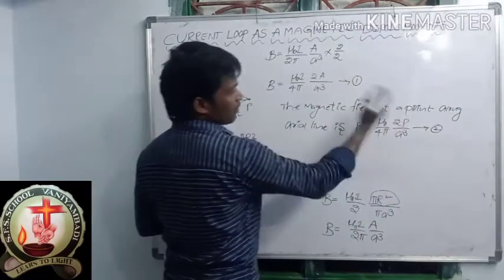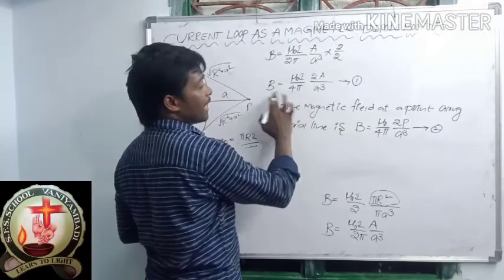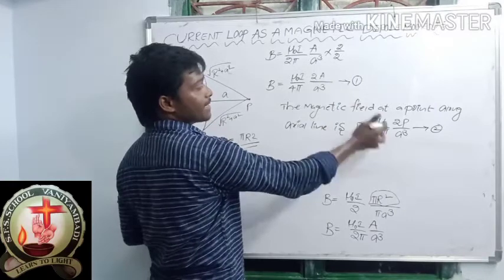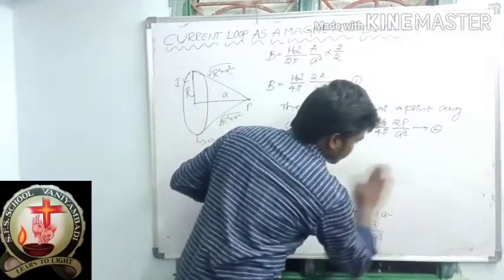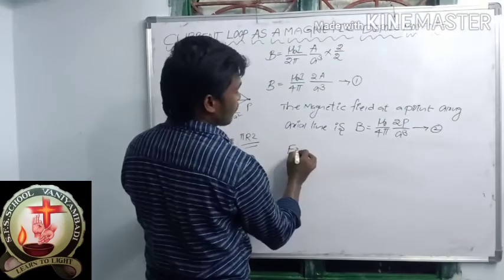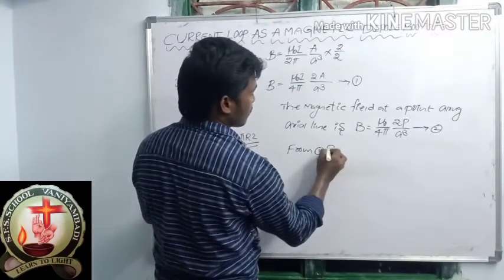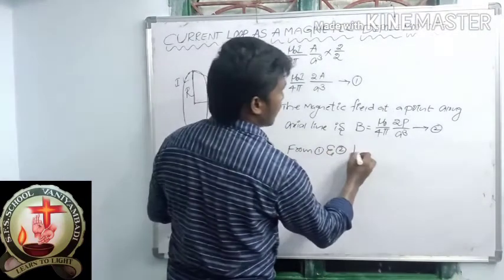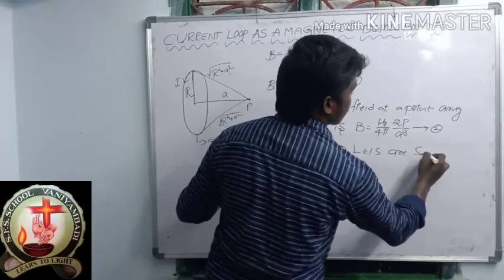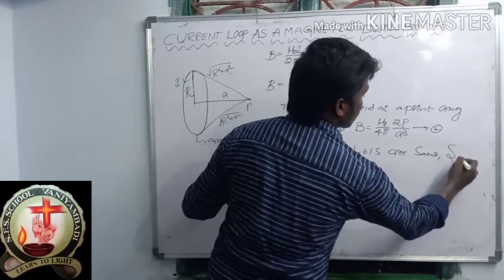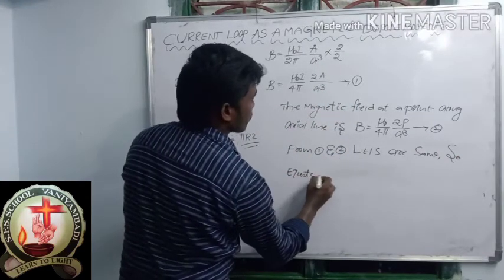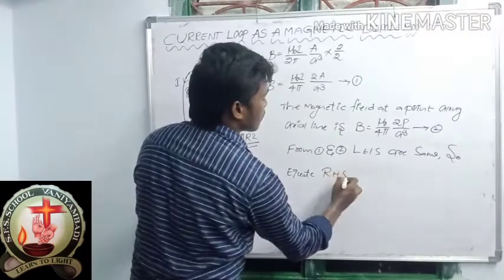So from equation number 1 and 2, LHS are the same. LHS B, both are same. So I am equating the RHS.